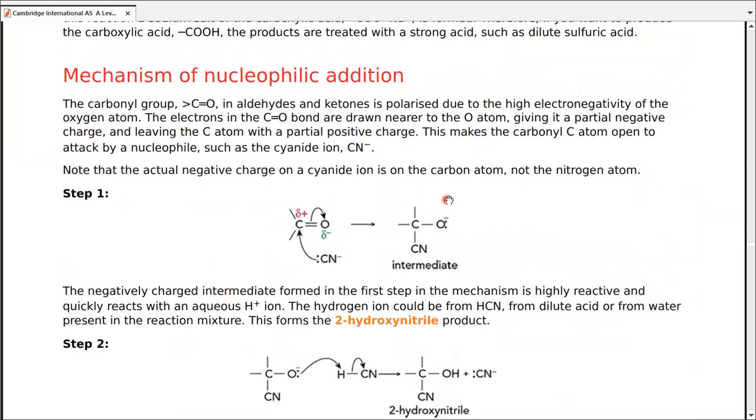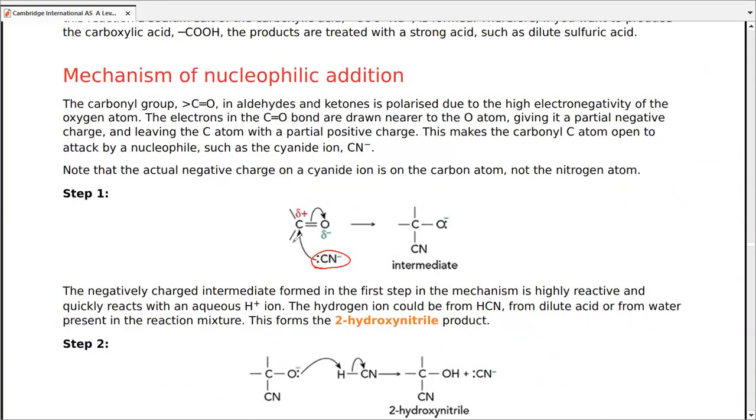Mechanism of nucleophilic addition. Remember, this is going to be extremely easy because you're already familiar with nucleophilic substitution. It starts like substitution, but then there is addition, because addition is possible because of the double bond in the molecule. Now, cyanide is a negatively charged species, a nucleophile.